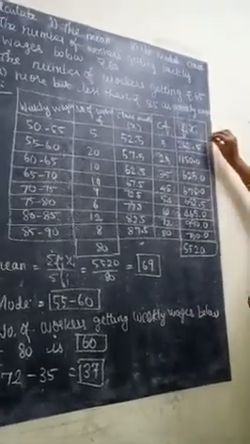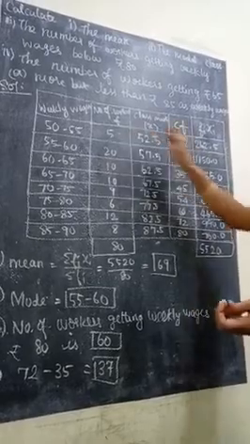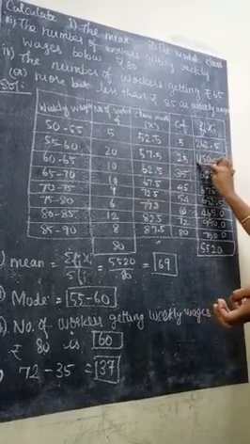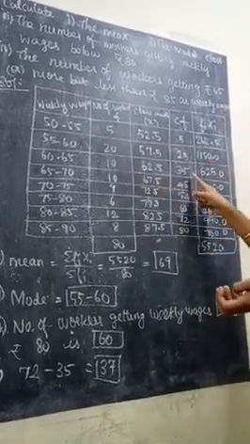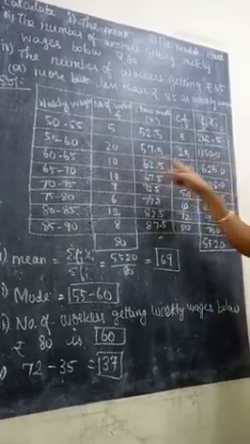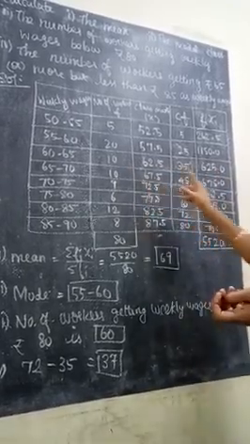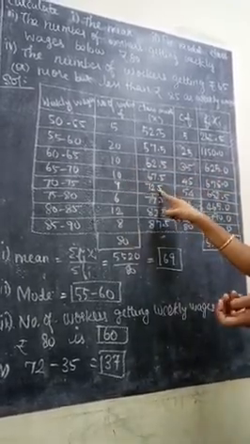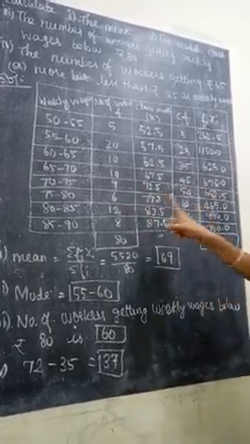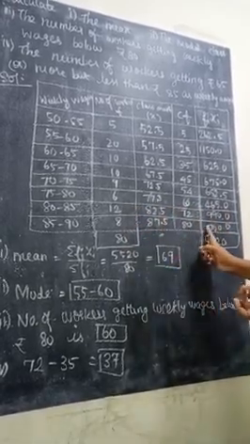Next fi xi. How do we find fi xi? This is fi, this is xi. 52.5 into 5 is 262.5, 20 into 57.5 is 1150, 10 into 62.5 is 625, 10 into 67.5 is 675, 9 into 72.5 is 652, 6 into 77.5 is 465, 12 into 82.5 is 990, 8 into 87.5 is 700.